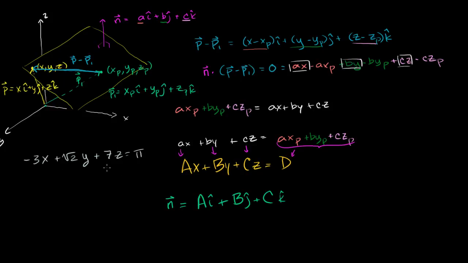So you have this, I mean, it's not crazy, it's just a plane in 3 dimensions. And I say, what is a normal vector to this plane? You literally can just pick out these coefficients, and you say a normal vector to this plane is -3i plus square root of 2j plus 7k. And you can ignore the d part there.